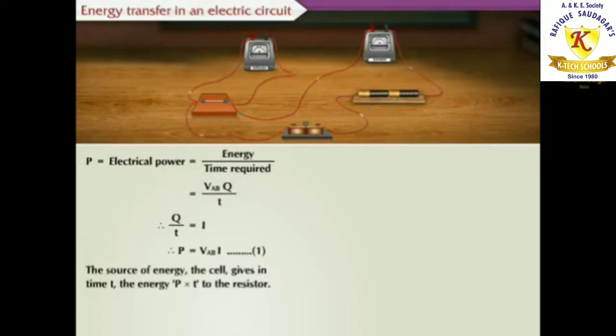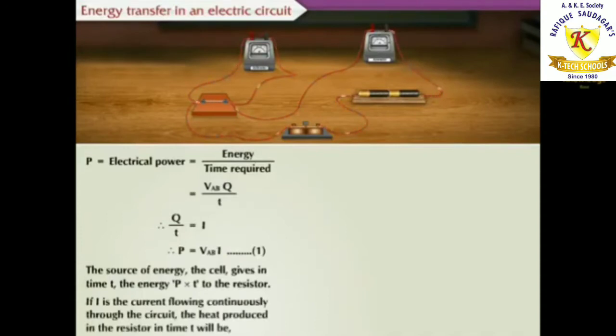The source of energy, the cell, gives in time t the energy P into t to the resistor. If I is the current flowing continuously through the circuit, the heat produced in the resistor in time t will be H is equal to P into t.